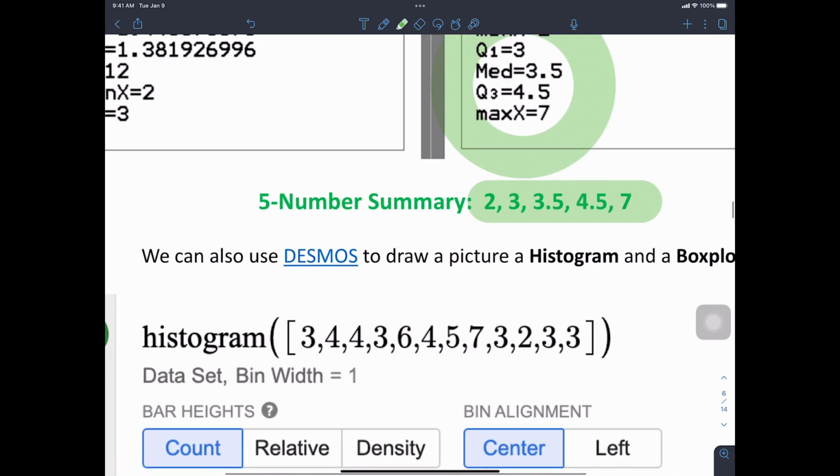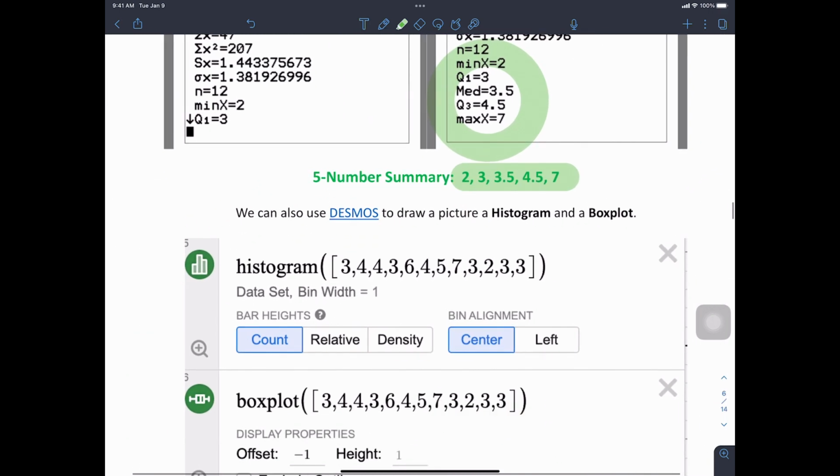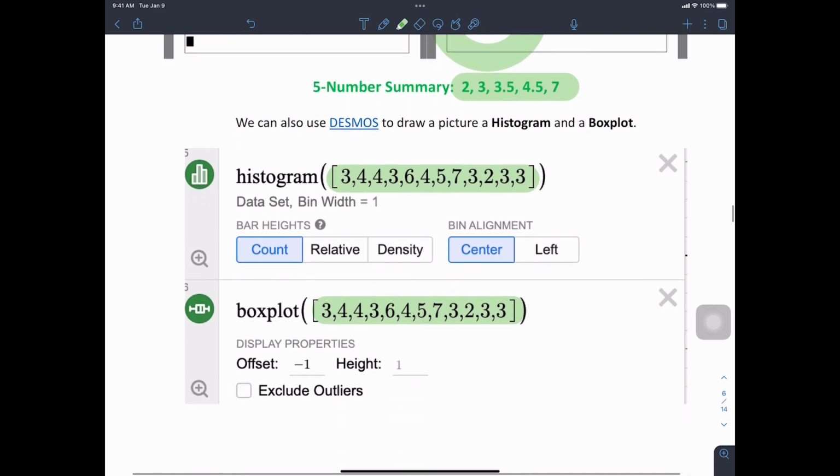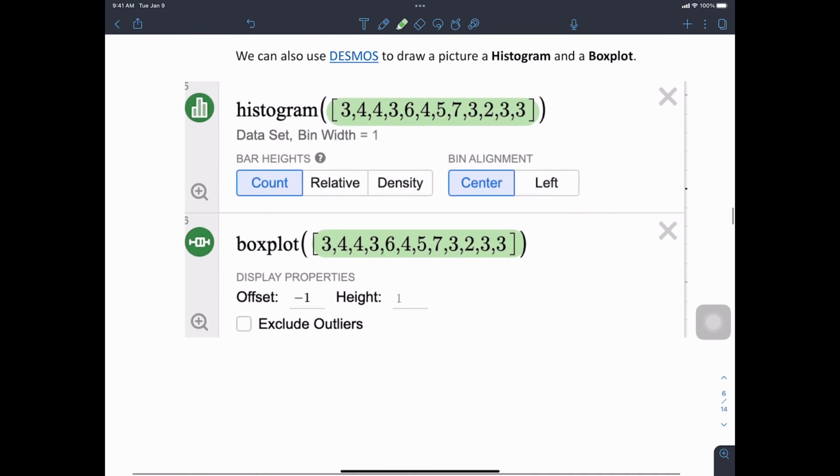All right. Guess what we did with Desmos? Exactly the same thing. We created a box plot and a histogram in the same way. The bin width was 1. The height of the bars is the count, that's frequency. And you center the box plot: we offset it by -1 with a height of 1.